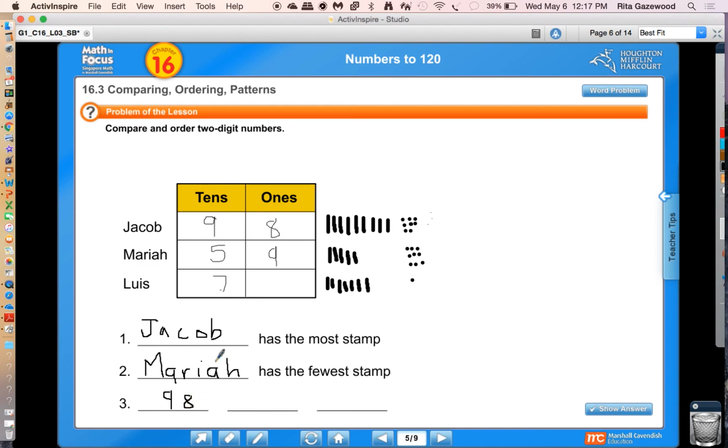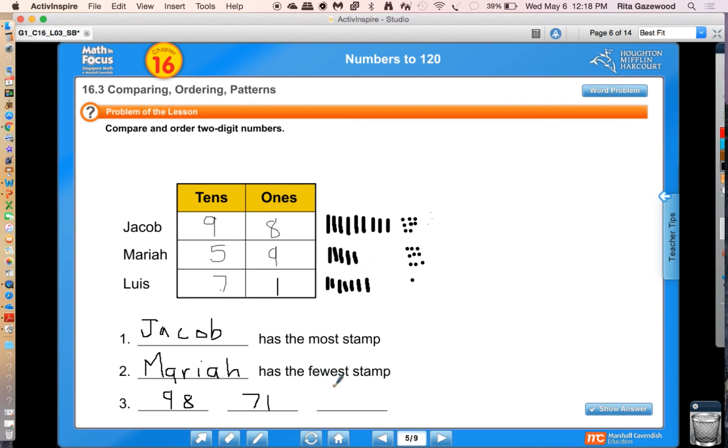What is the next least number? We're going from greatest to least. So what would come next? 59 or 71? That's right, 71. If you look at that, the most tens, the next most, and then the least.